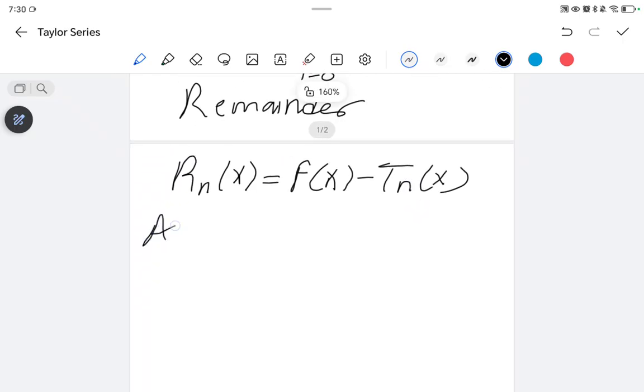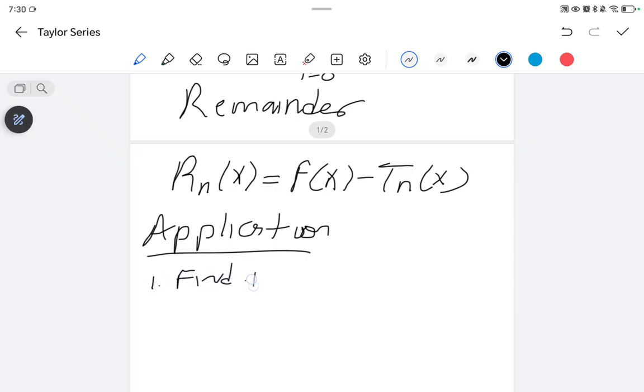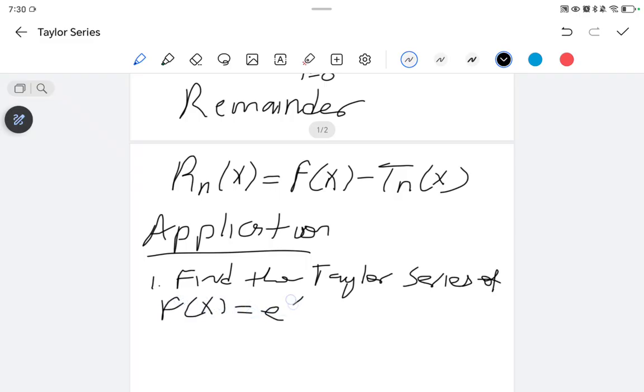So let me write application, and we start with the most common one. The first thing they can say is find the Taylor series of f of x equals e to the x about x equals 0.